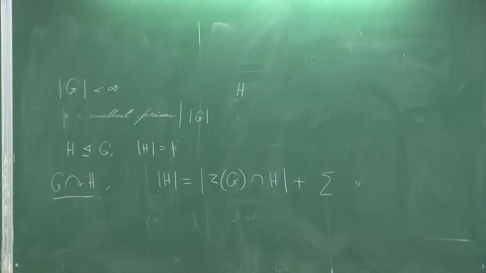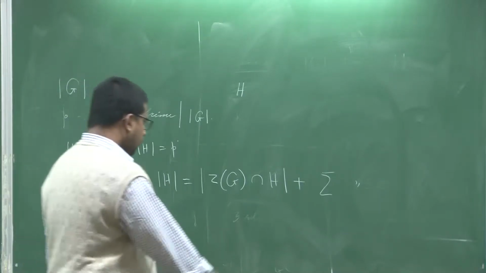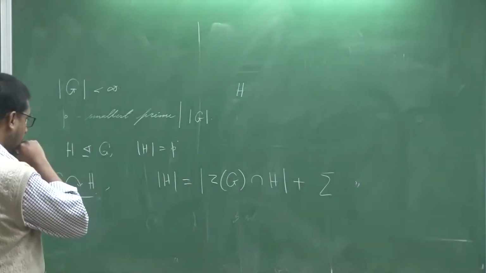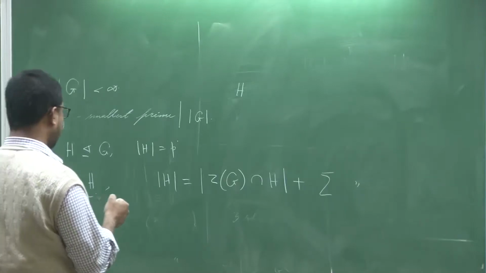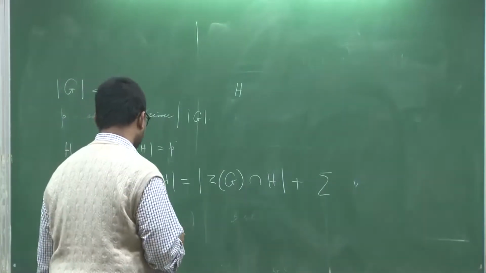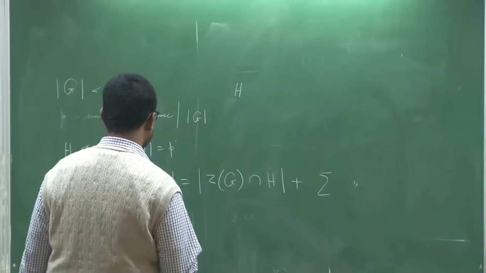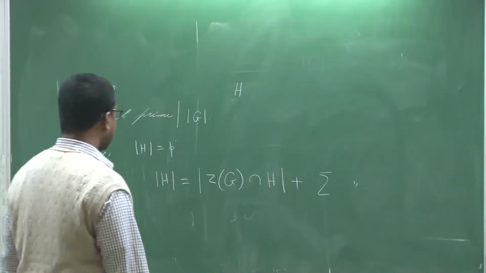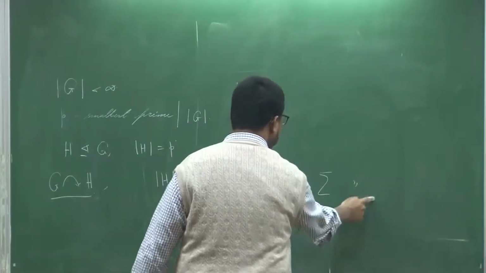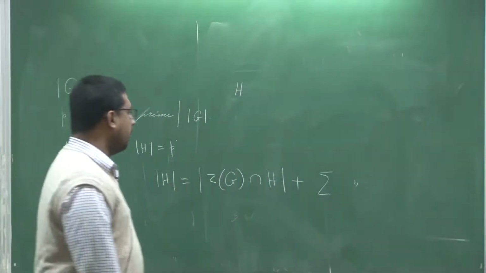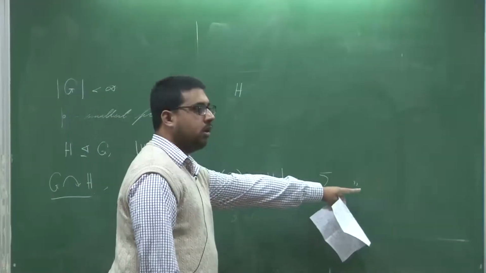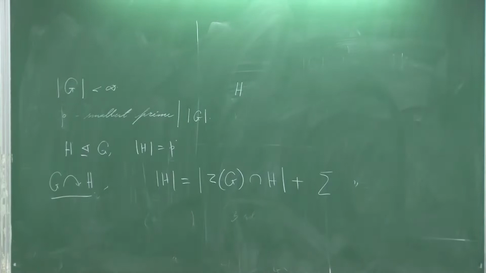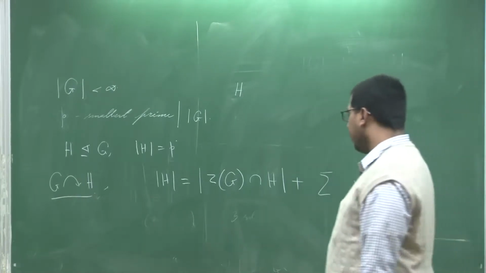Now G is acting upon H. So the non-trivial orbits, what can we say from here? Can it have a non-trivial orbit? Because the order of an orbit divides the order of the group which is acting.